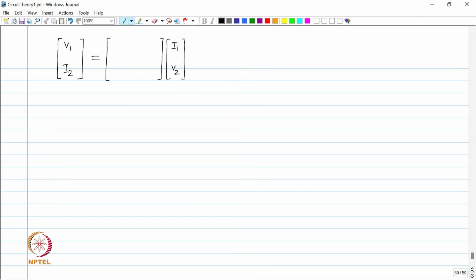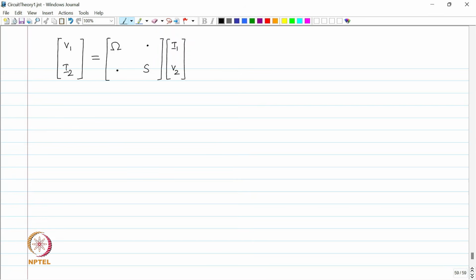We are simply going to mix it up, and we are going to say, let us say that I 1 and V 2 are the independent parameters, V 1 and I 2 are the dependent parameters. And what are the units now of the matrix? This is ohms. How about this? No, no dimensions, unitless. This one is also unitless, and this one, last one, Siemens. Fine.